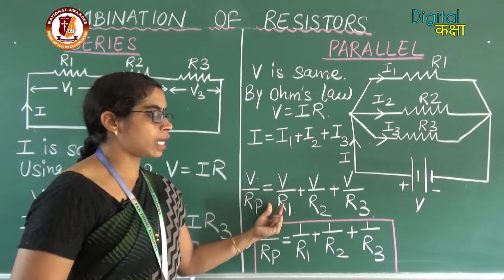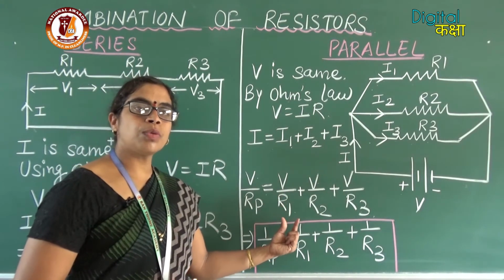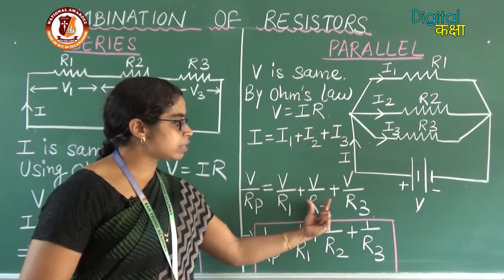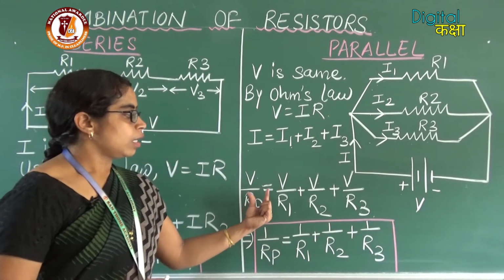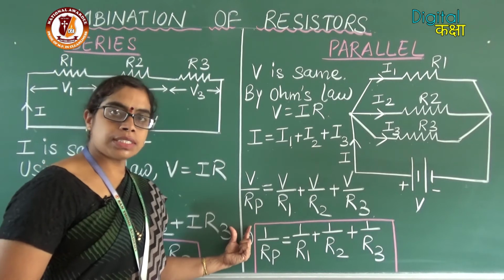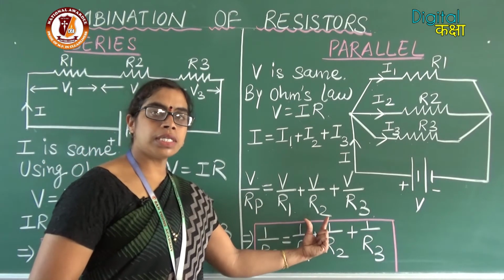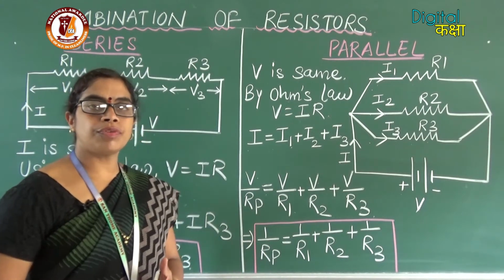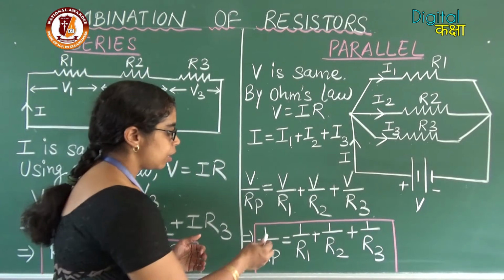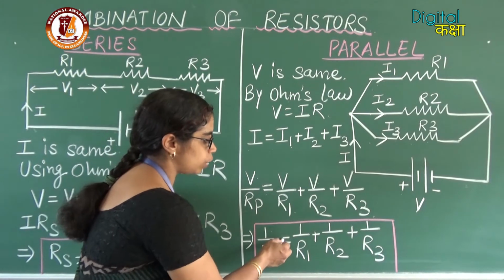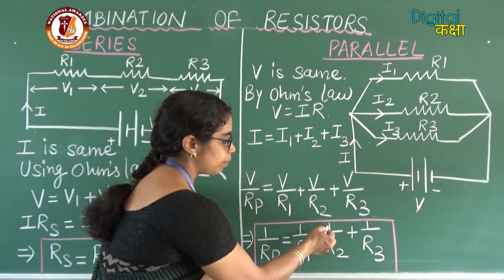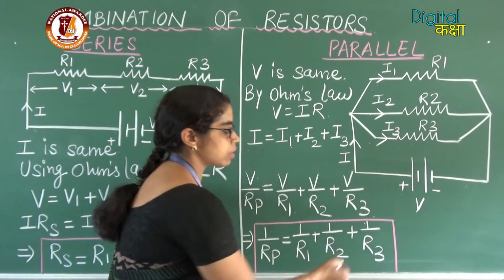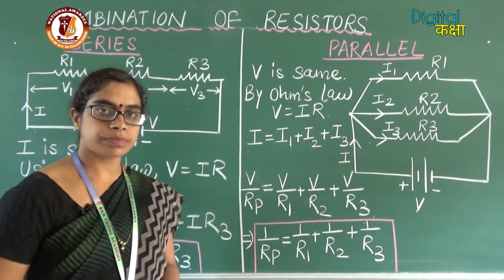Now, when V is taken common from all three terms on the right hand side, V on the LHS and V on the RHS cancel out, and ultimately we are left with the formula 1 upon Rp is equal to 1 upon R1 plus 1 upon R2 plus 1 upon R3.